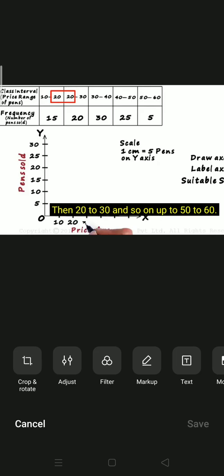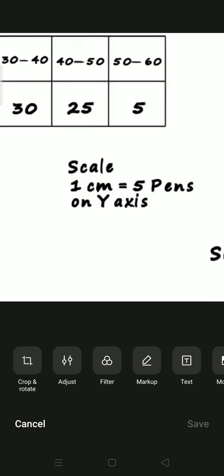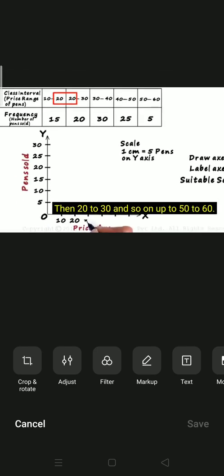So what you will write down are the class intervals. What are the class intervals? 10 to 20, correct? So 0 is already given, leave 1 centimeter space, write 10, again 1 centimeter space, 20, 30, 40, till the last class interval, which is 60. So you need to write till 60.